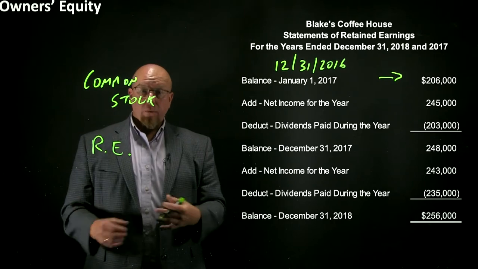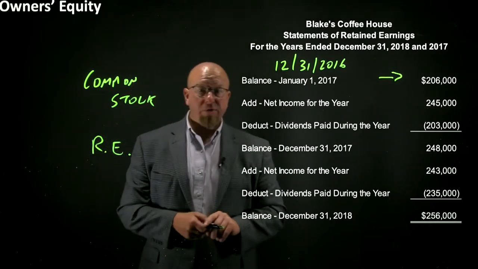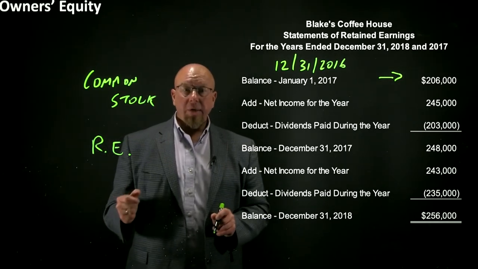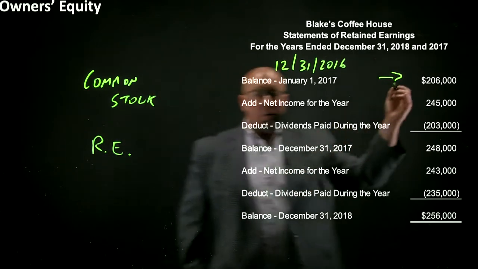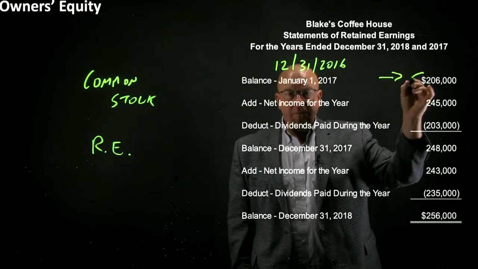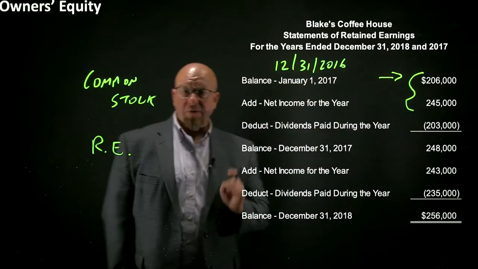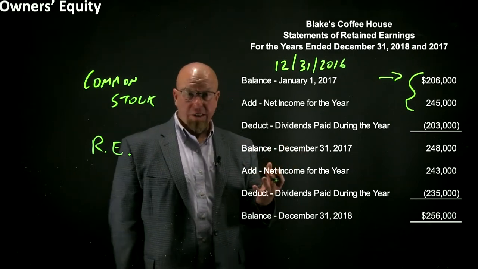And then we run the business for a year, and we generated a profit of $245,000. That would be reported on the income statement. Now, if we had not taken any dividends, what would happen is the beginning balance of retained earnings would simply increase by the amount of net income or earnings that were generated during that year.